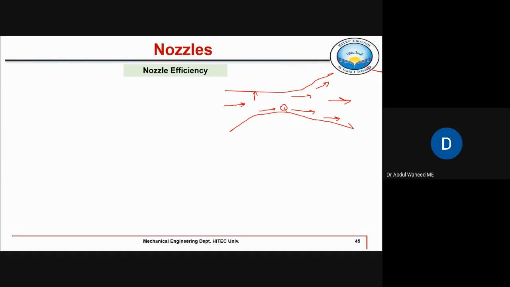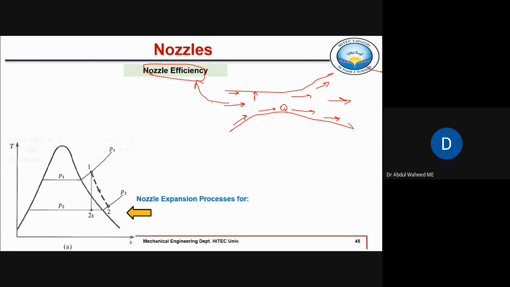So we can account for these non-isentropic effects, or the effects of irreversibility, by using a term known as nozzle efficiency, right? Nozzle efficiency tells us that the fluid flow through this nozzle is not purely isentropic. The difference between isentropic and non-isentropic fluid flow is defined as nozzle efficiency.